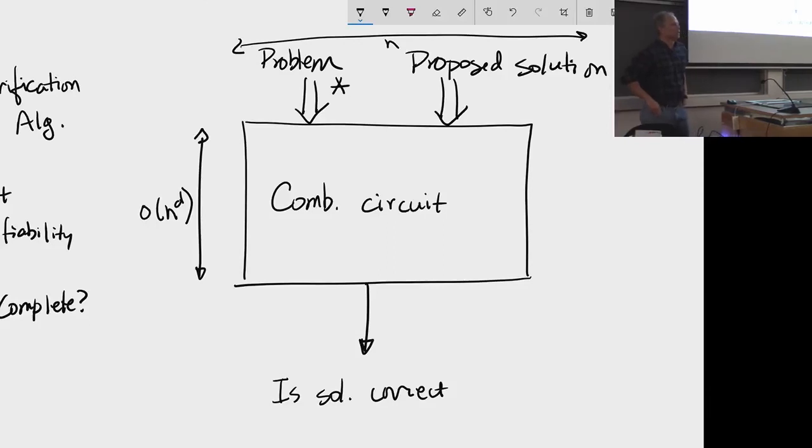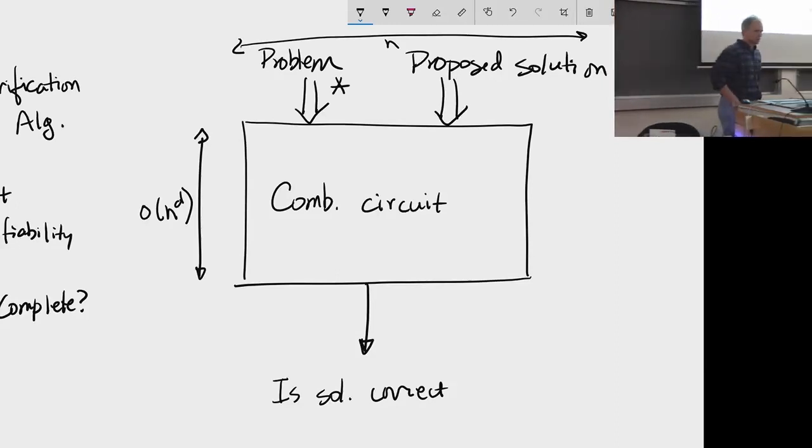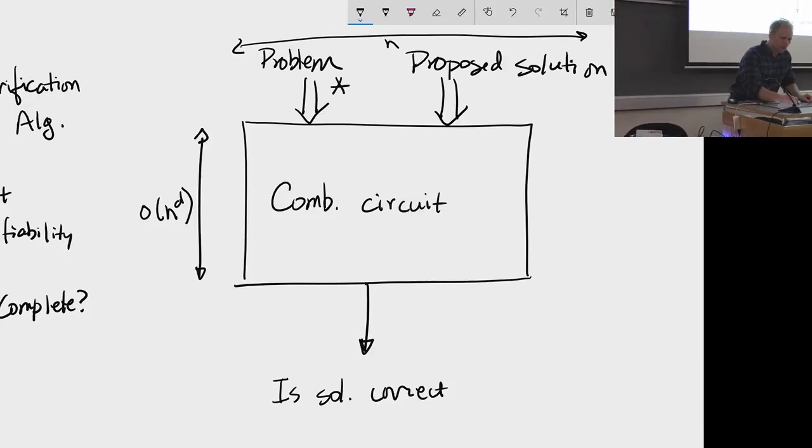How do you choose proposed solutions? You don't have to choose a proposed solution. How do you set the wires? You don't. These wires here you set, 1, 0, 1, 1, 1, whatever it takes to describe the problem. These over here, you do not. You leave them unbound.